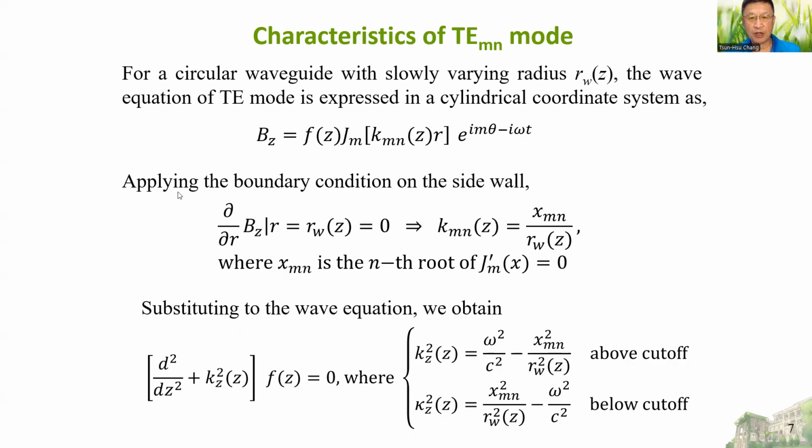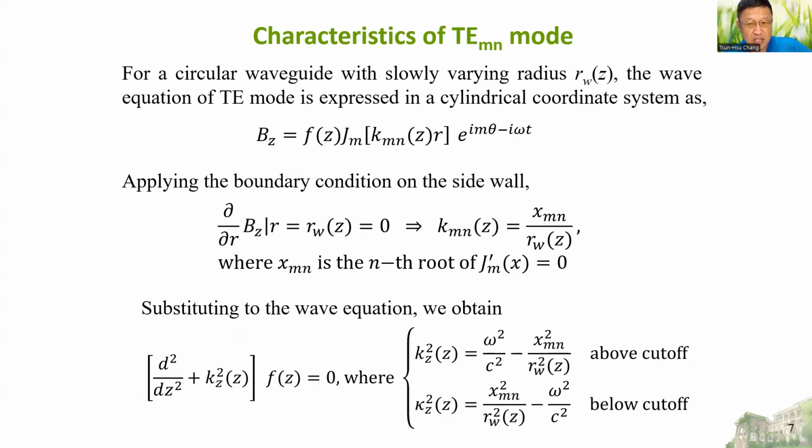Now, we are going to apply the boundary conditions on the side wall, on the metal wall. On the side wall, the simplest one is, you have multiple choices. The normal component of B, that will be Br, should be 0.